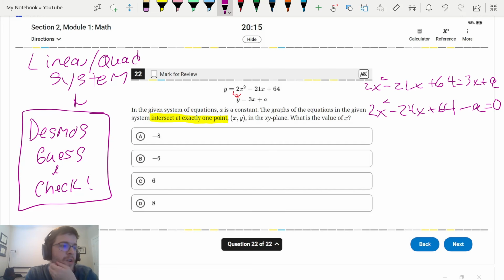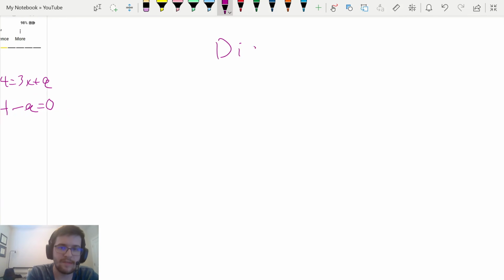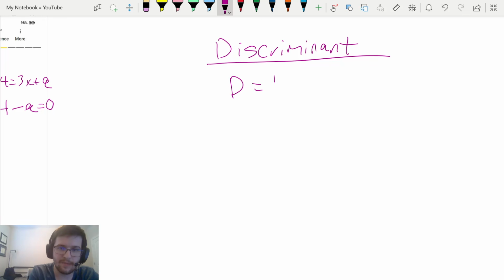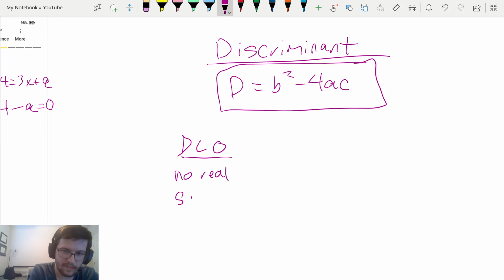Okay, now it's a quadratic, so now we can use the discriminant. If you don't remember from my previous video, the discriminant d equals b squared minus 4ac. And when d is less than 0, you have no real solutions.